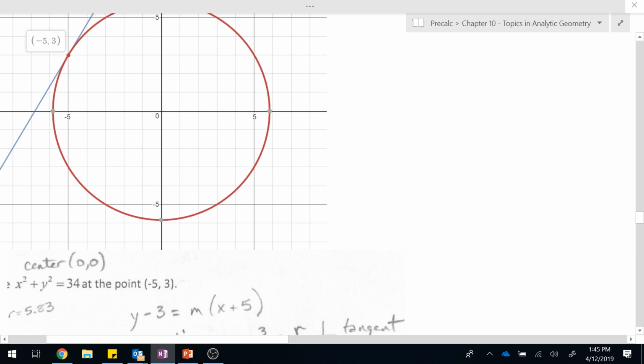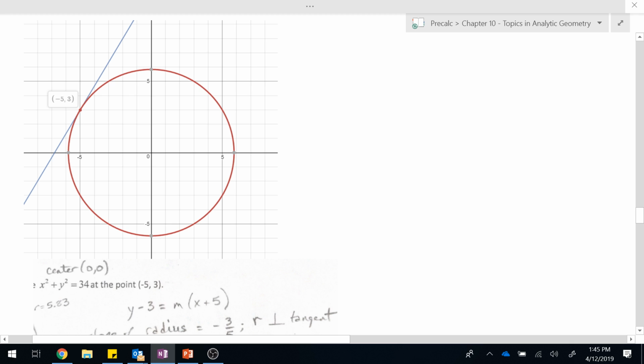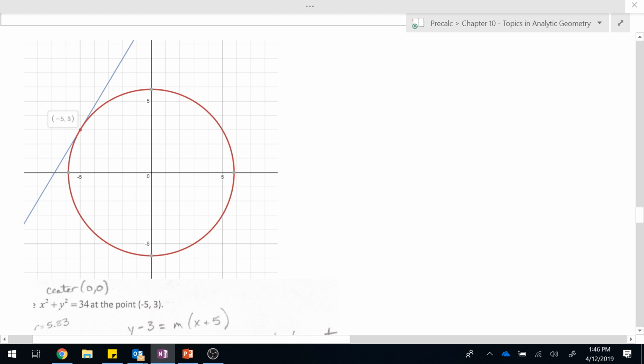Let's take a look at how we solve this thing. First of all, if we graph it, we draw the circle, and we know that this point, negative 5, 3, is going to have a line with a tangent on it. It's only one line. The tangent at that point, there's only one possibility. The center is at 0, 0 because it told us that in the equation, right?